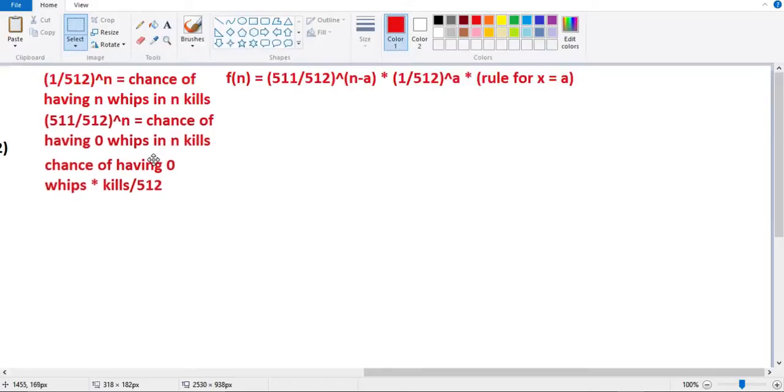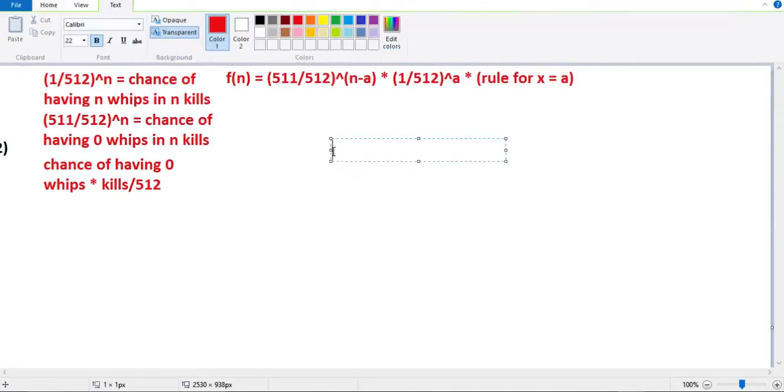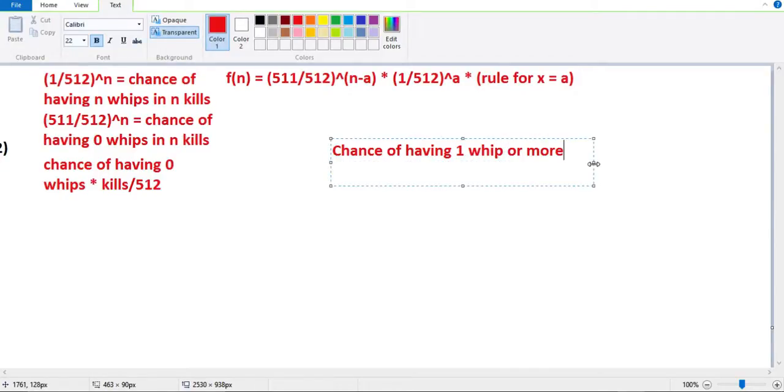So let's write it as: when is the chance of having a whip equal to 50%? Let's say chance, this is what I was arguing about last video, chance of having one whip or more. What is the opposite of having one whip or more? Well, it's having 0 whips.